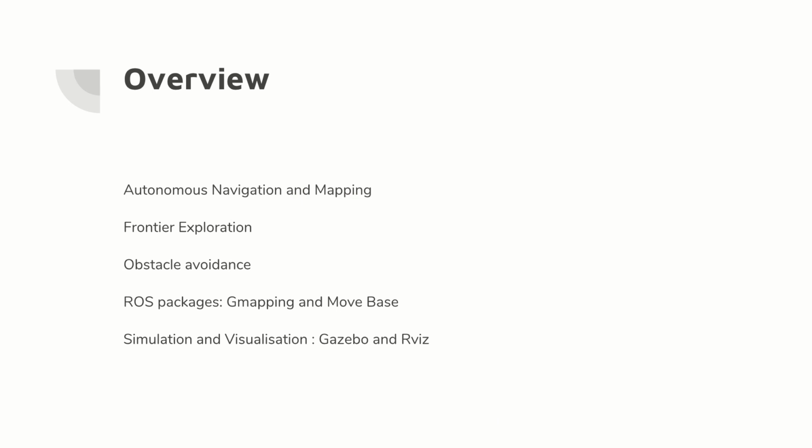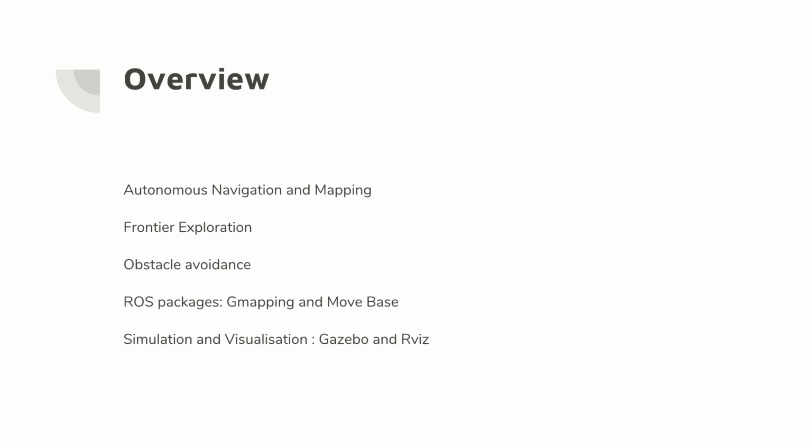Giving a brief overview of the project, I've created a package for ROS using Turtlebot, and what it does is autonomous navigation and mapping. The way it does its autonomous navigation is by exploiting the frontier exploration algorithm. I will get into its detail later on, but for the overview, it also avoids obstacles.